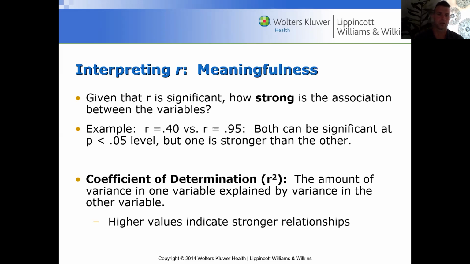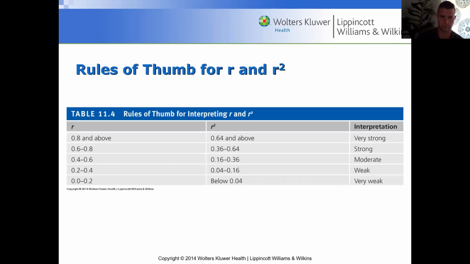Coefficient of determination, R squared: the amount of the variance in one variable explained by the variance in the other variable. Higher values indicate stronger relationships. If you have a 0.8 and above, or an R squared of 0.64 and above, these are very strong. 0.6 to 0.8 are strong. 0.35 to 0.64 R squared is moderate.